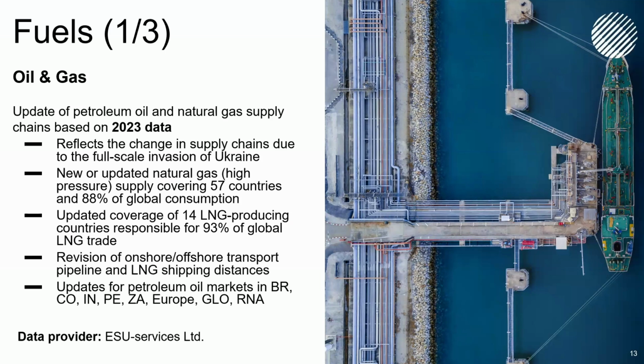And so in summary, with this update of the oil and gas sector, we have used the latest statistical data that was available at the time of the update. So this means that version 3.11 of the ecoinvent database contains an up-to-date picture of the supply chains for oil and natural gas for the countries that are covered in this new version.